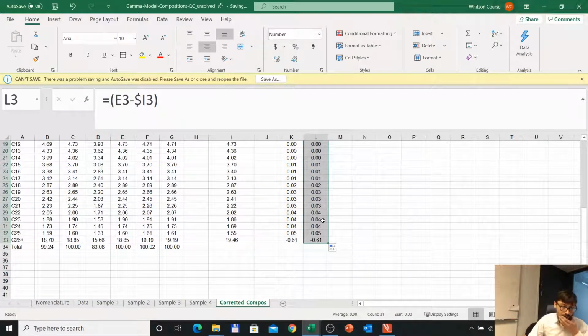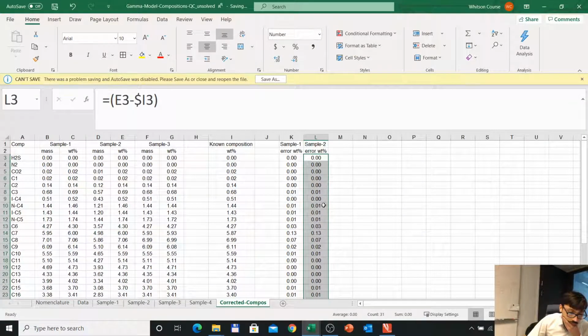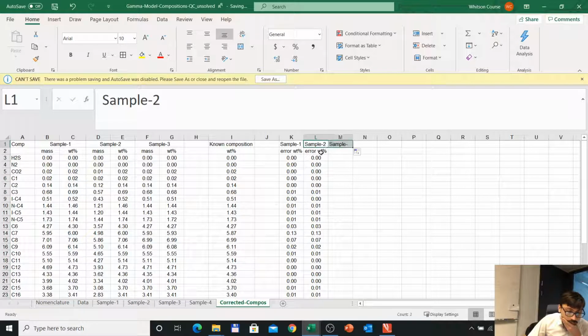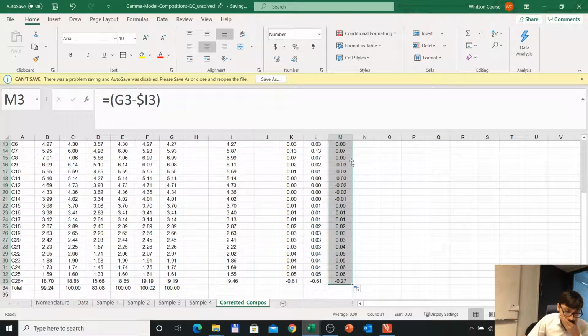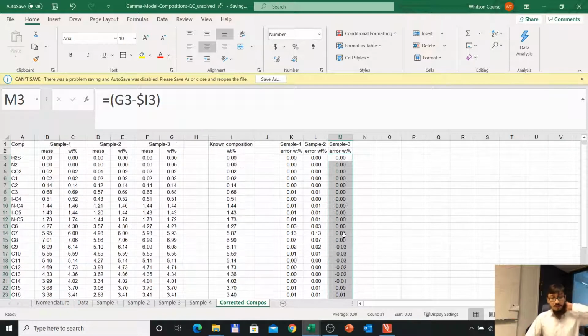Again, you see it's about the same magnitude. And then sample 3. Yeah, about the same.